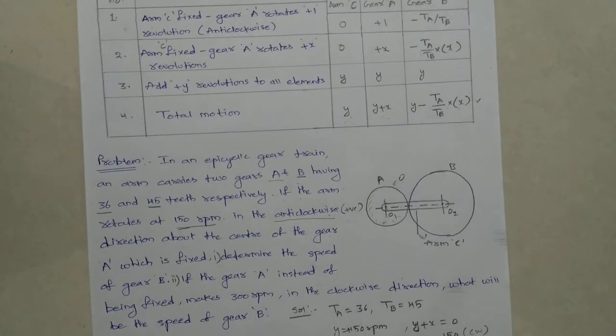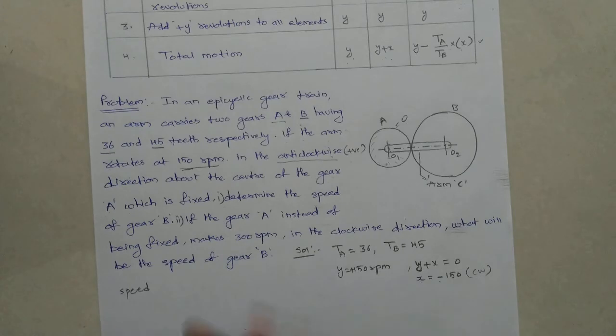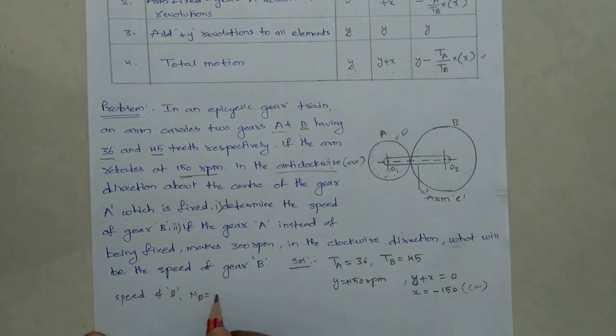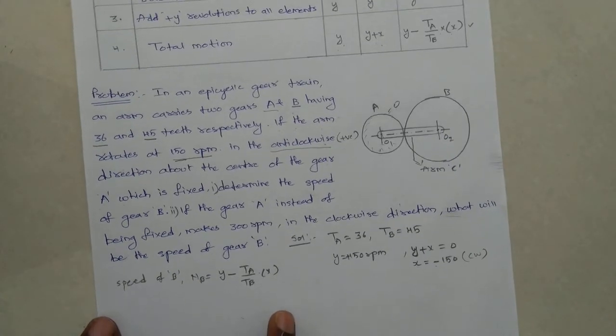So the speed of B, that is NB, is equal to y minus TA by TB into x.